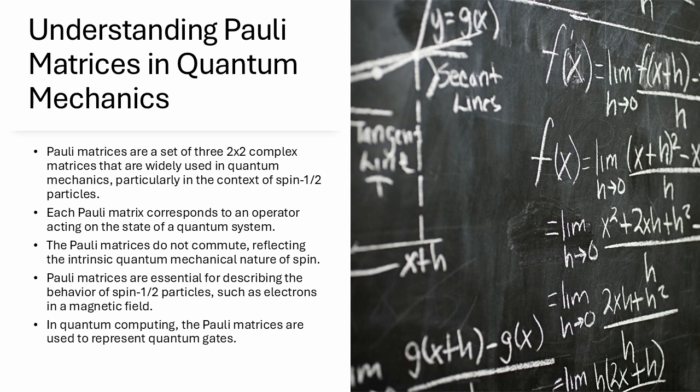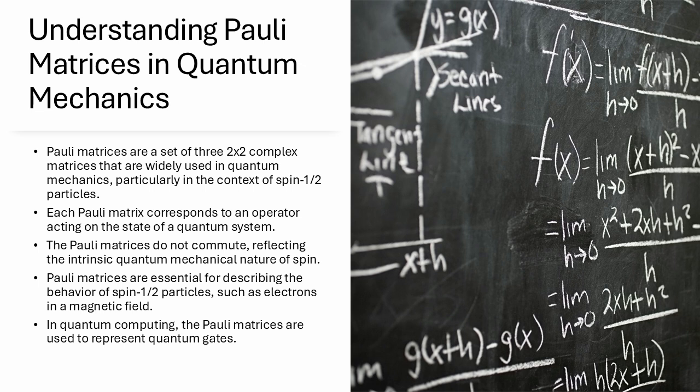Okay, eigenvalues and eigenvectors. Those sound a bit technical. Can you break those down a bit further for us? Sure. Imagine you have a spinning object and you want to measure its angular momentum. The eigenvalues would represent the possible values that you could get from that measurement, like specific speeds of rotation. Eigenvectors, on the other hand, are like the axes of rotation. They tell you the directions associated with those specific speeds.